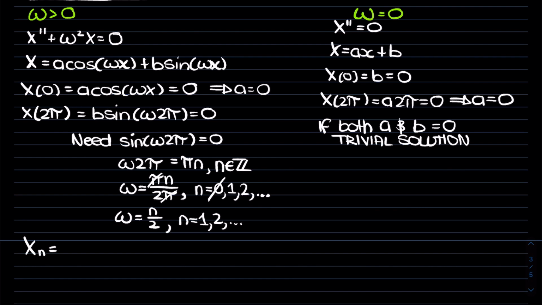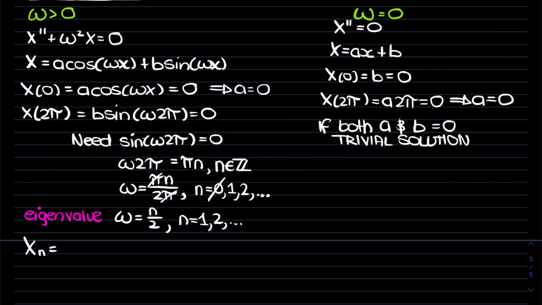So actually I'll just write, this is our eigenvalue. So that just tells us essentially the values of lambda for when we're not getting the trivial solution, when we're getting some sort of interesting solution.